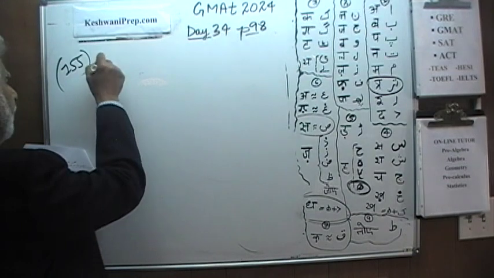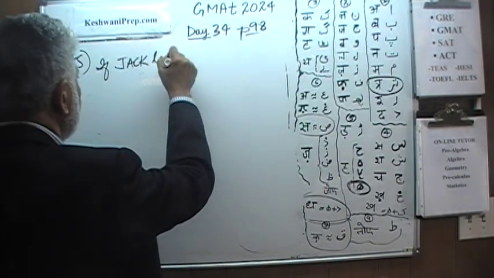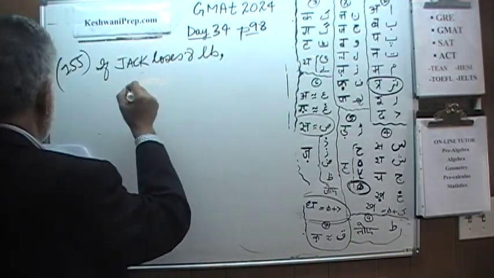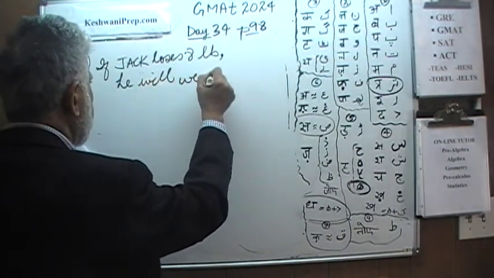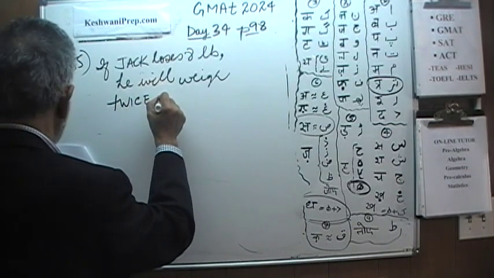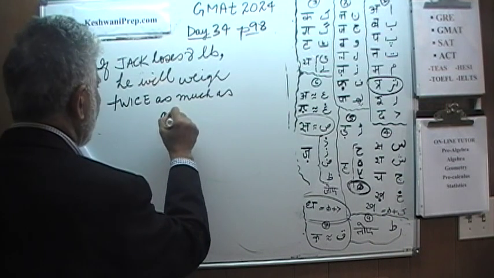It says, if Jack loses 8 pounds, he will weigh twice as much as his sister.